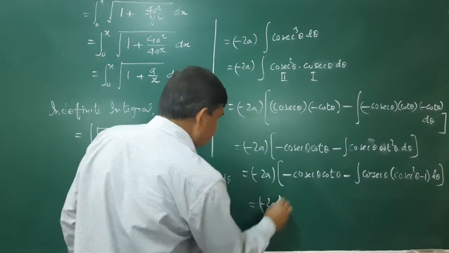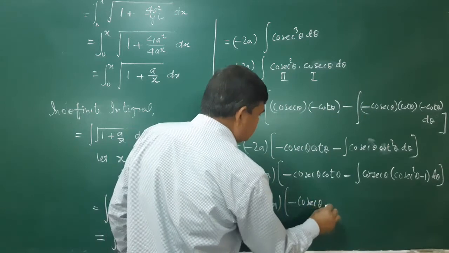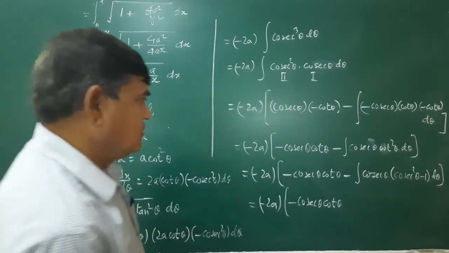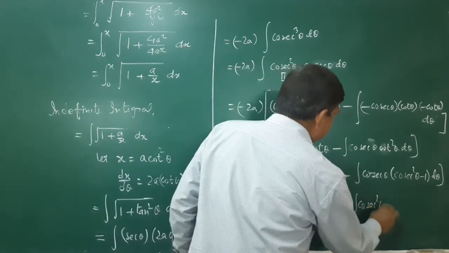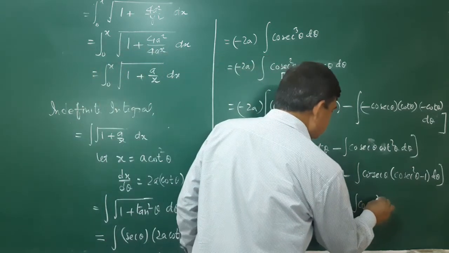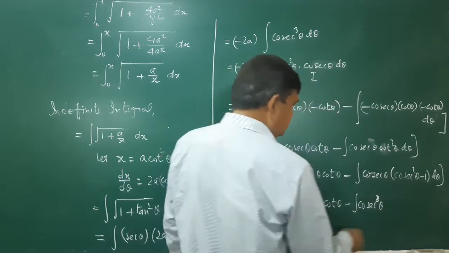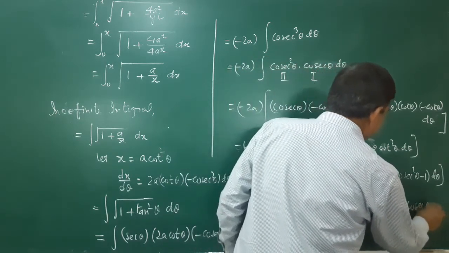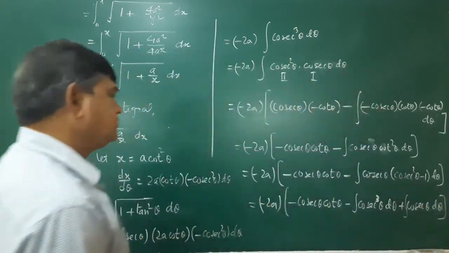So minus 2a, minus cosec theta cot theta, then it is minus cosec cube theta and plus cosec theta.